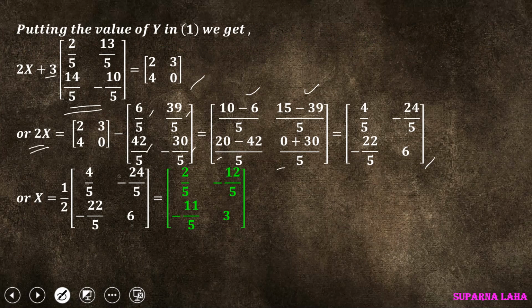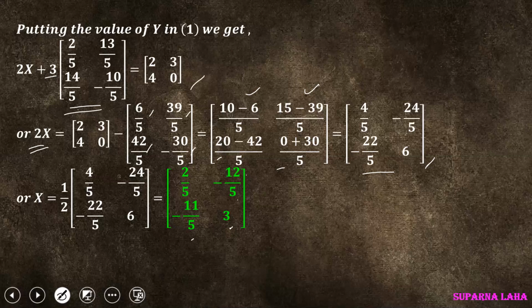This is the value of 2x. So if we multiply both sides by half, you will find the value of x. So here 1 upon 2 multiplied with this matrix 4 upon 5, minus 24 upon 5, minus 22 upon 5 and 6. So multiply each and every element by 1 by 2. So you will find this value is given by 2 by 5, minus 12 by 5, minus 11 by 5 and 3.